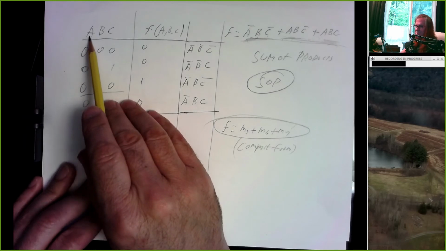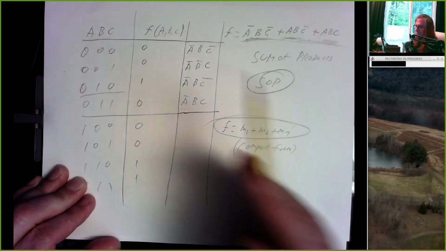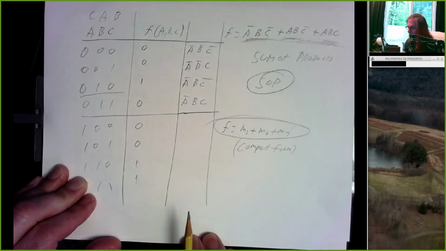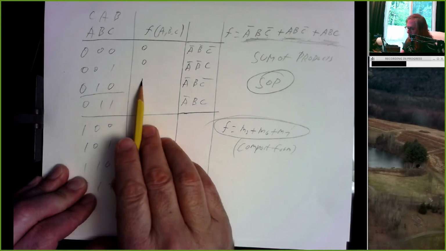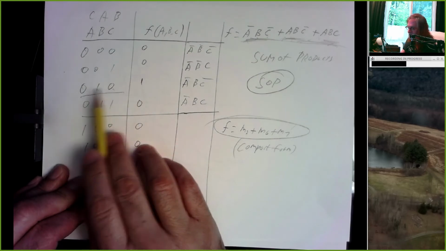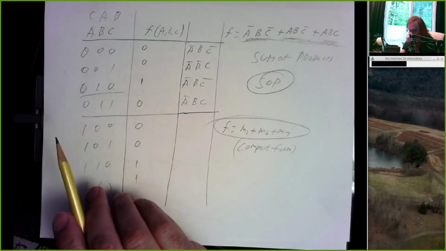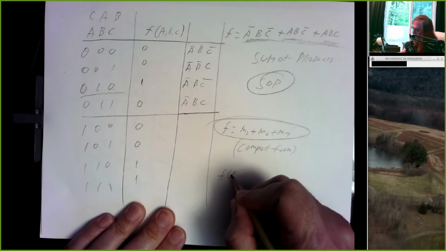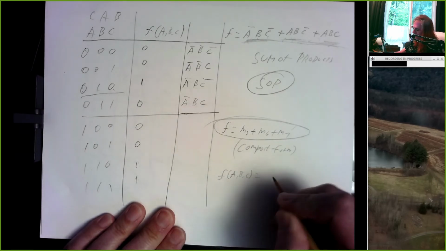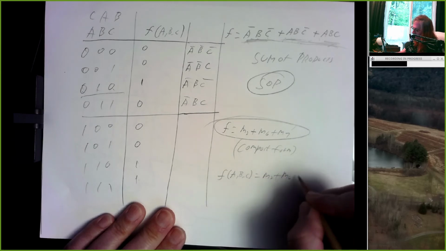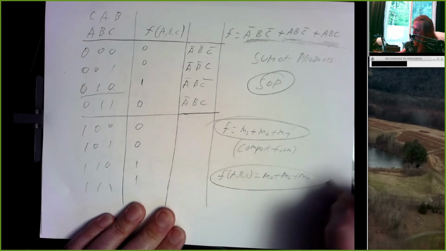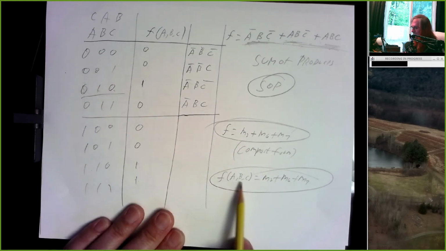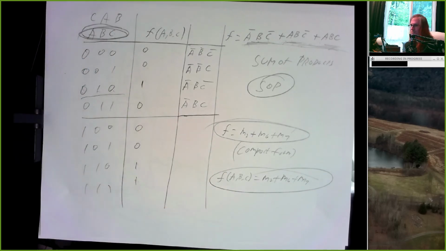Unless I know that my truth table inputs are ordered A, B, C. In other words, if I labeled these C, A, B, then this 1 would correspond to A is 1, B is 0, C is 0. So usually when we write compact form, you have to say something like F(A, B, C) equals M2 plus M6 plus M7, so that I know when I mean row 2, I'm talking about row 2 when my inputs are in this order.